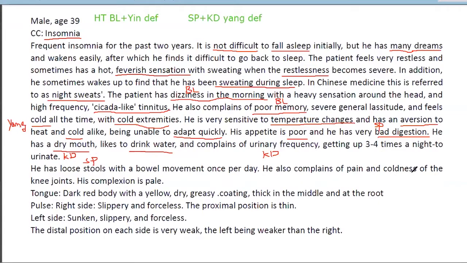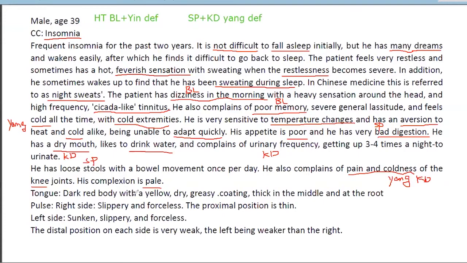Cold joints, that's yang deficiency and kidney. So pale face can come from blood deficiency, can come from yang deficiency or even qi deficiency.